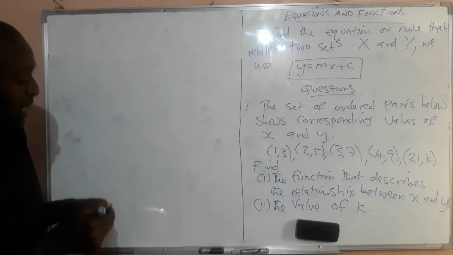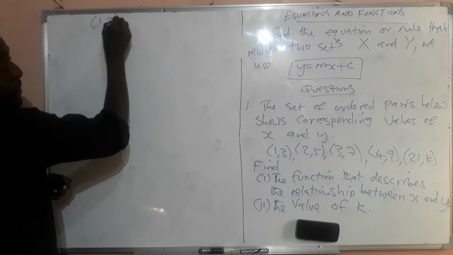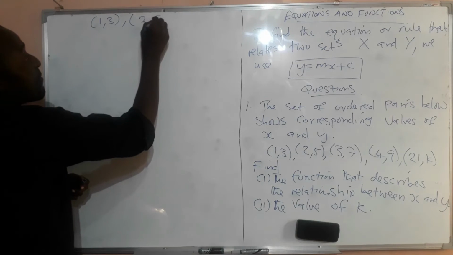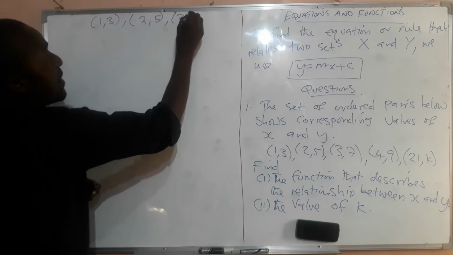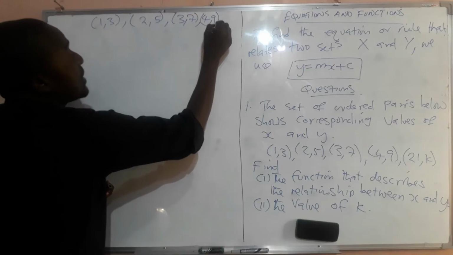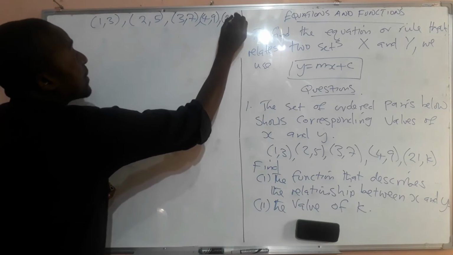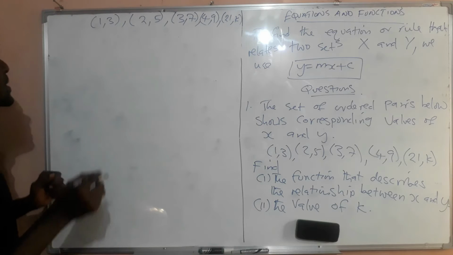So here's what we have. We have these values here: (1,3), (2,5), (3,7), (4,9), and (21,k).